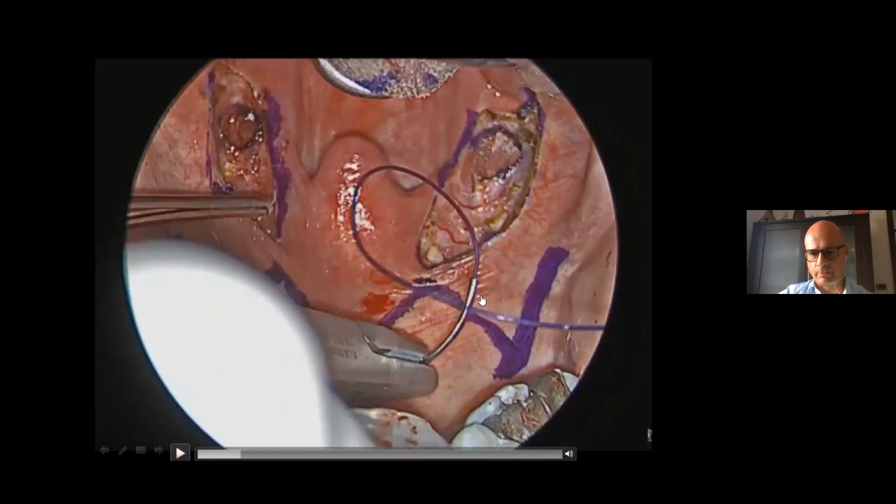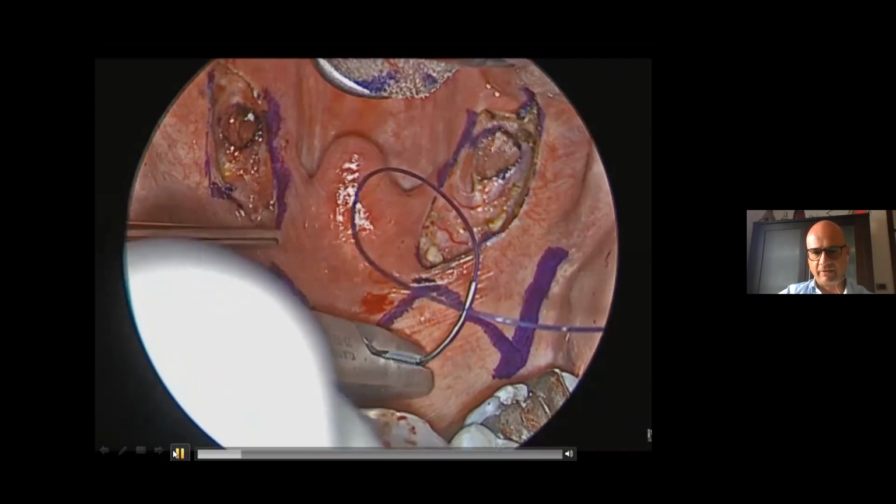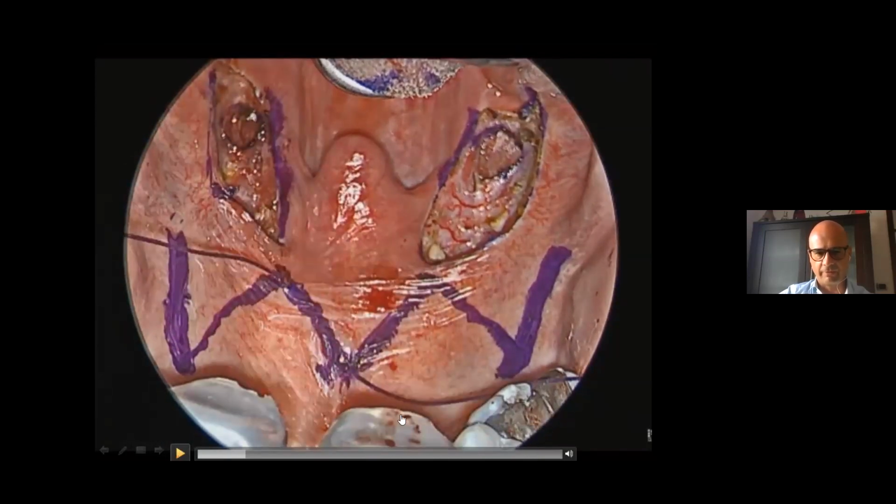So during this procedure, we used the Stratafix, the old one suture that is more rigid and has less barb. As you can see, the needle is big. If you have a big needle, it's easy to perform the first steps.